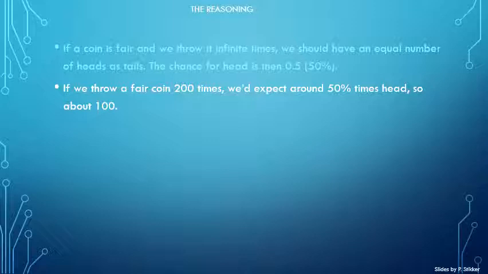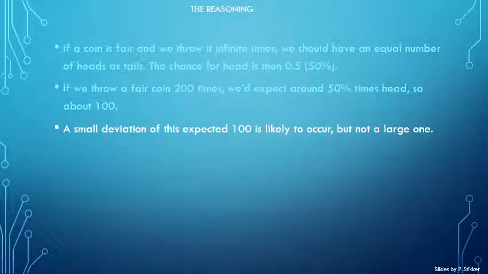Note, because we only limit ourselves to 200 times and not infinite, it's probably not going to be exactly 50% of the time. A small deviation from this 100 is therefore expected, but a large deviation from this 100 is not so likely.